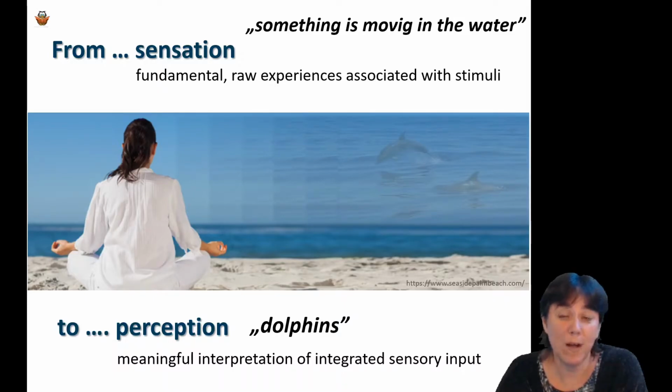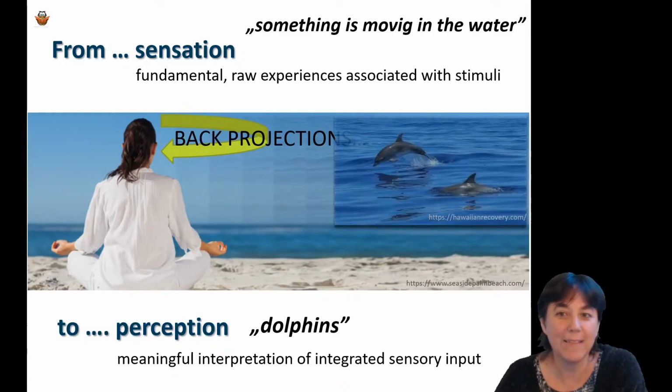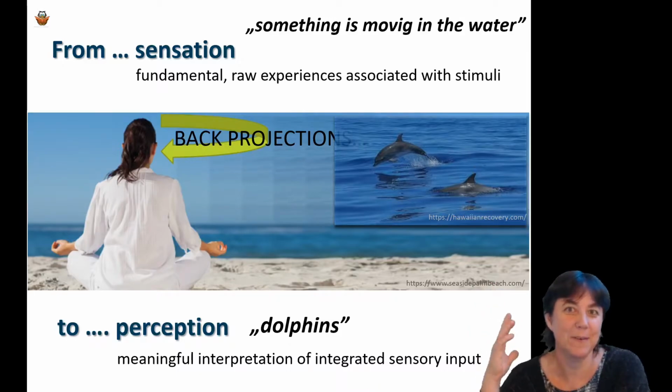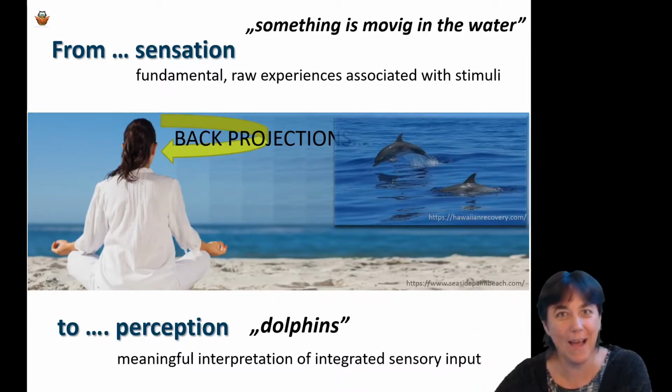This is what we will cover in this lecture, how we go from sensation to perception, first dealing with the sensation part, and then we go into the depth of perception. Nonetheless, right at the beginning, I will highlight what we call back projections, kind of your upper top processes, giving you a down insight on what these animals in the water could be.